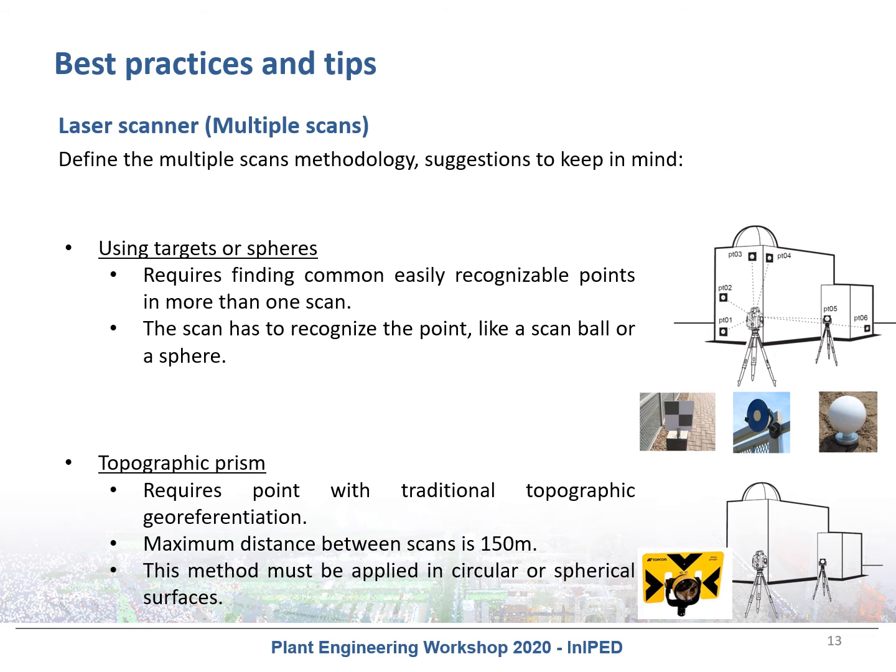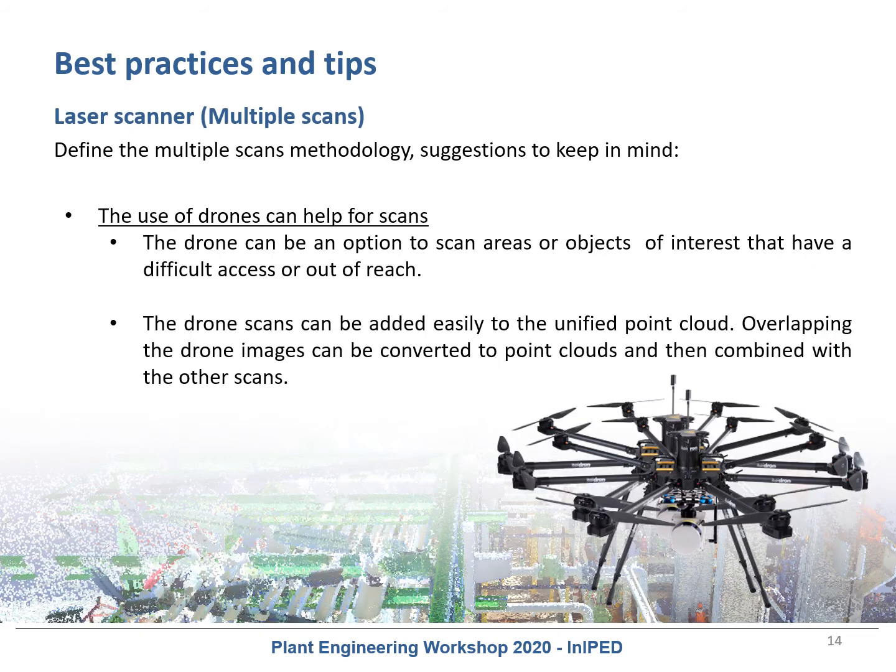We recommend to use the topographic prism when you have circular or spherical surfaces, like, for example, circular vessels or tanks. Nowadays, the use of drones is increasing because you can scan quickly big areas where it's difficult to access or out of reach. The drone scans can be added easily to the unified point cloud.